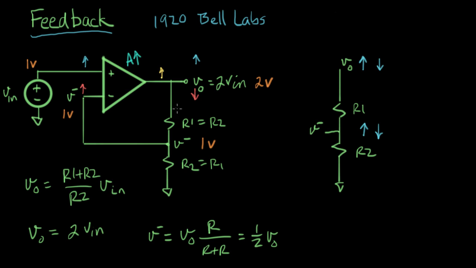And we already decided from looking at this voltage divider that if this point goes up, this point will go up. It goes up half as much, but it goes in the up direction.